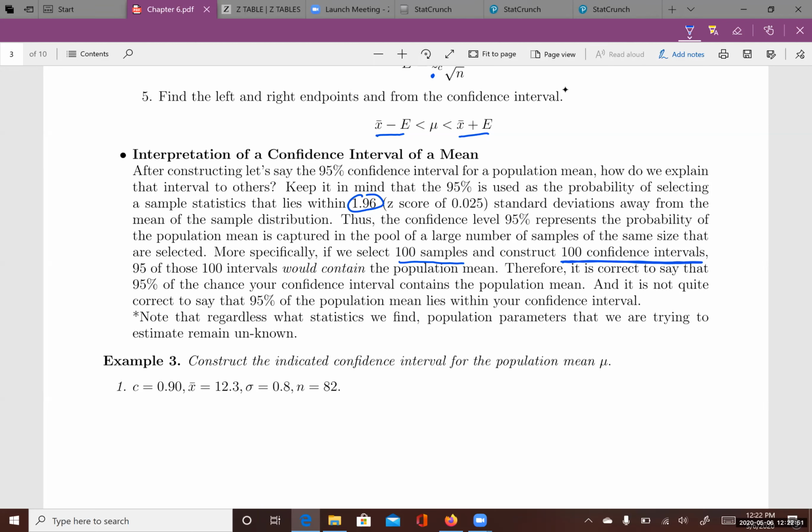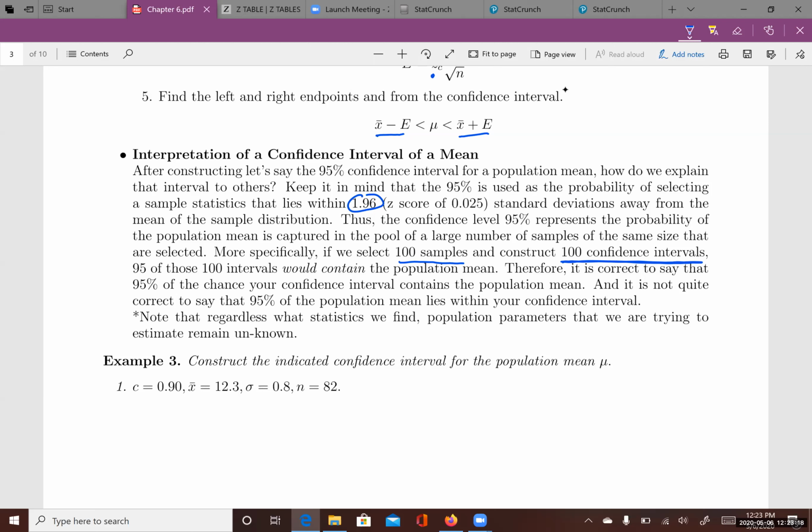But please know that regardless of what statistics we find, the population mean that we're trying to estimate still remains unknown. We always collect a sample to estimate a population mean, but realistically, the population mean still remains unknown.